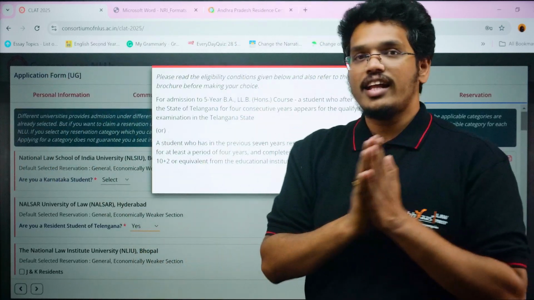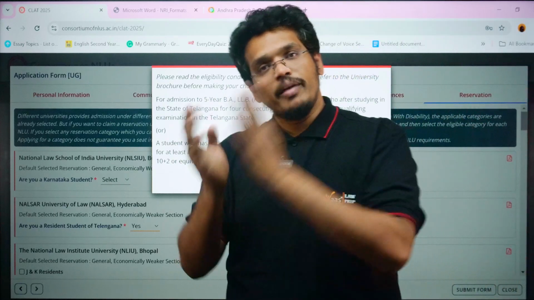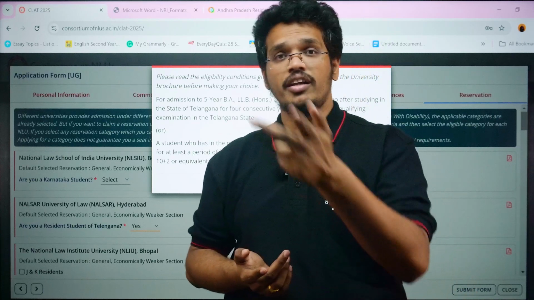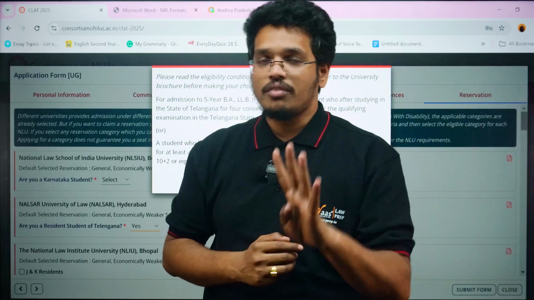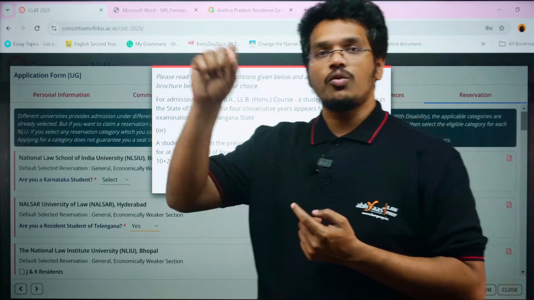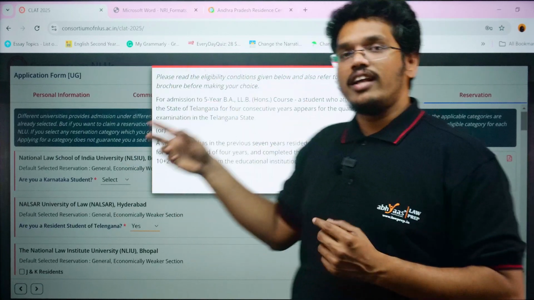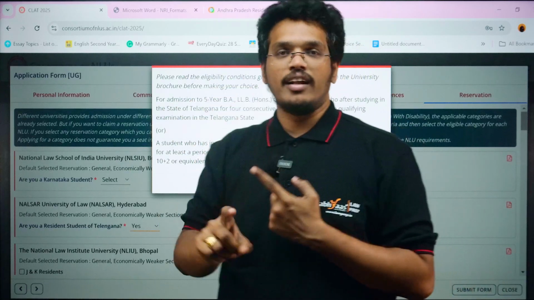And the other criteria is that in the past 7 years, you may live in Telangana for 4 years alternately, first year, third year, 7th year, it might be anything. But in the last 7 years, 4 years you need to live in Telangana and you need to appear for the qualifying exam in Telangana, that is intermediate. So either of the criteria is valid for getting the domicile status of Telangana.